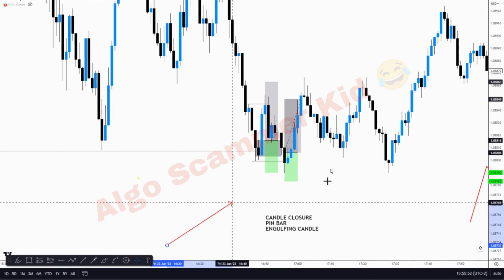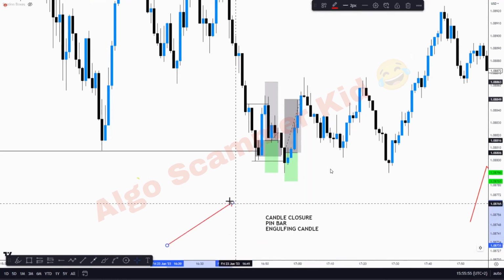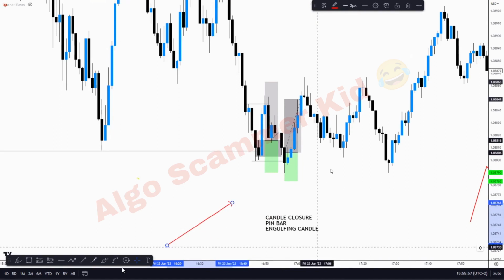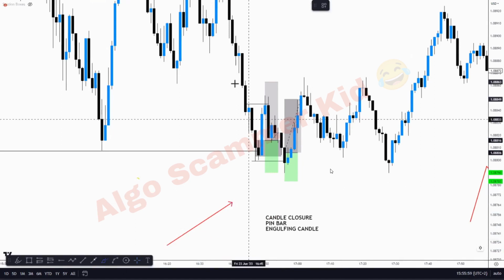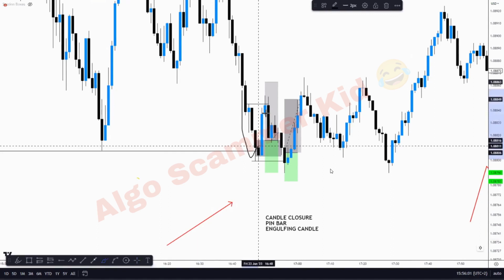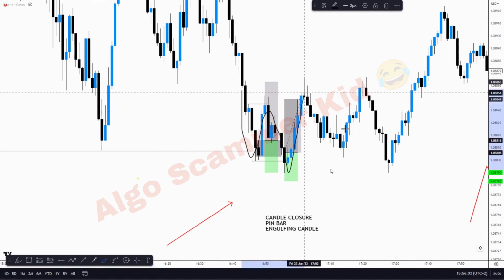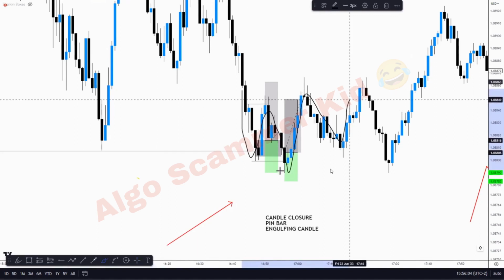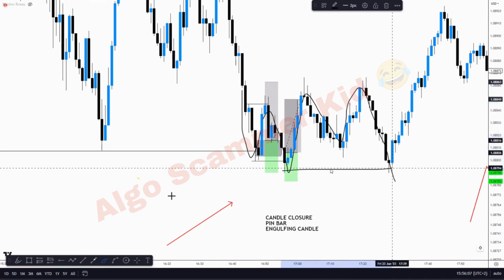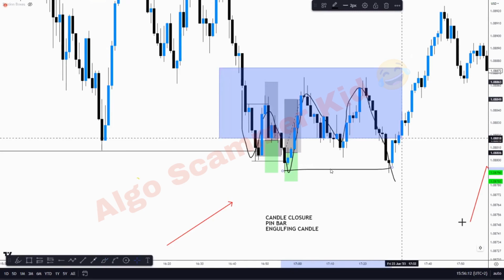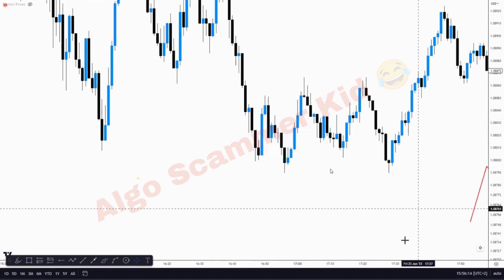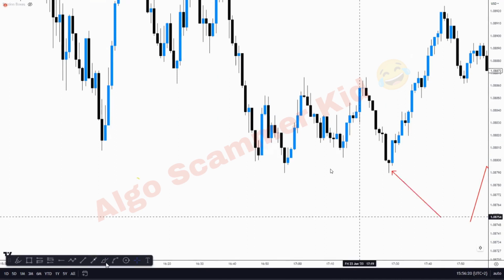So right here on the 3 minutes, when we got a much clearer price behavior, our entry there would be based off two things now.